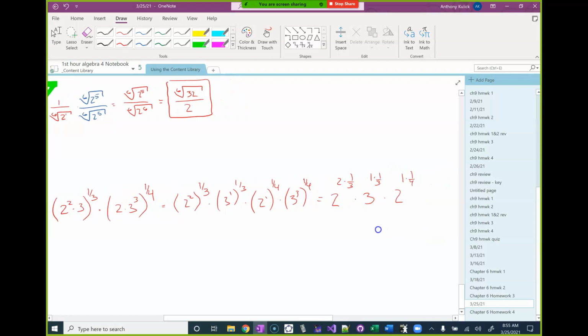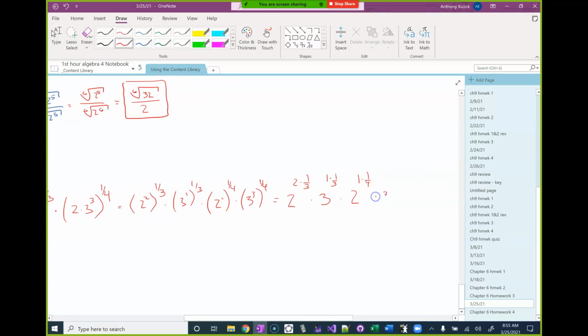To multiply fractions, I just multiply the numerators together and the denominators together. So all of these whole numbers I'm just going to think about as whatever over 1. So that gives me 2 to the 2/3, 3 to the 1/3, 2 to the 1/4, and then 3 to the 3/4. Is that okay?